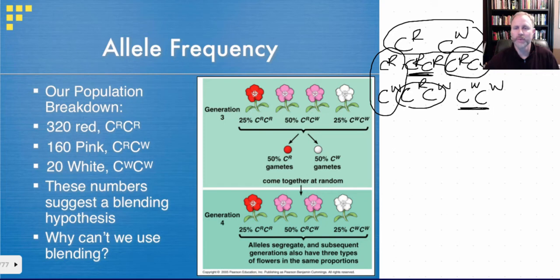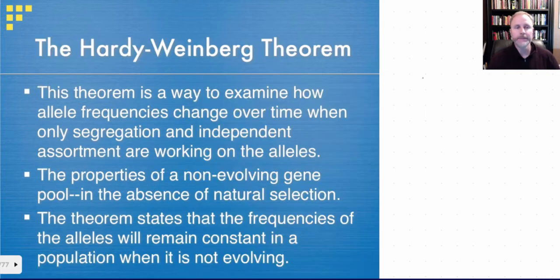We would get the parental types again. That's why we can't have blending. It's going to eliminate variation. If you thought about blending, you would expect to get pink when crossing two pinks, but when you actually do that, you get the red and the white back. So that's why it can't be blending.